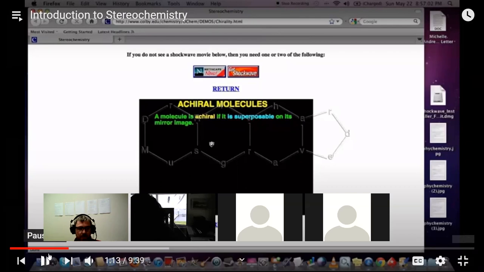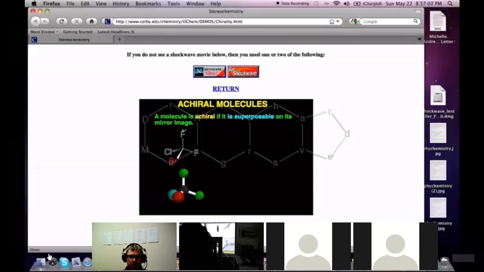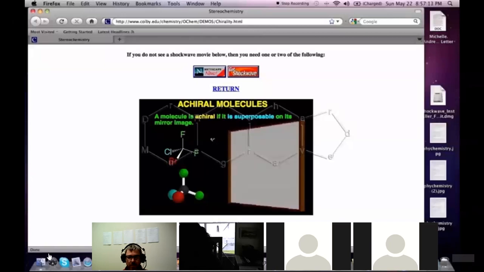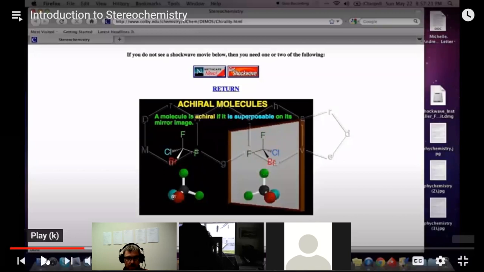Now this applies to molecules as well. You'll notice that we have a molecule here that has two of the same thing attached to this carbon atom. So we've got two fluorines here. We take a mirror image of this molecule. Take a look at the mirror image. See how the green one is in the front. Is anybody having trouble figuring out that mirror image and how I've got that mirror image?